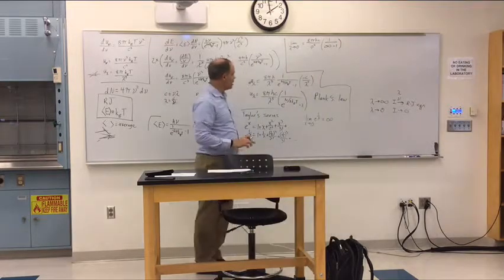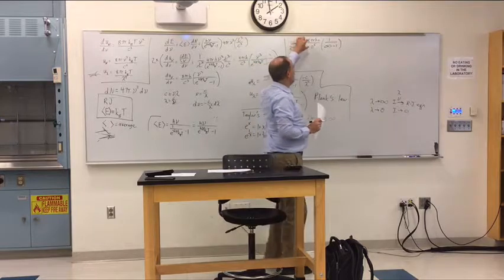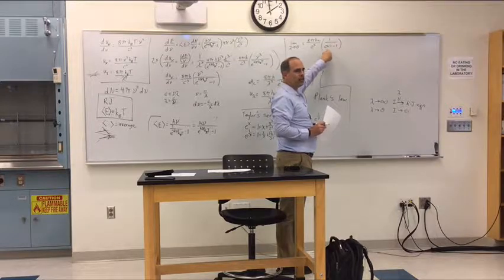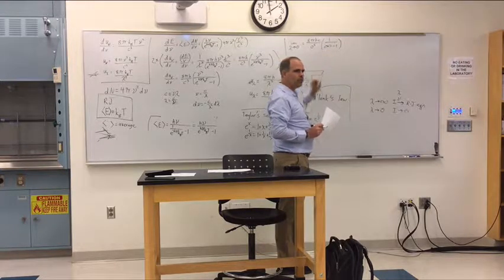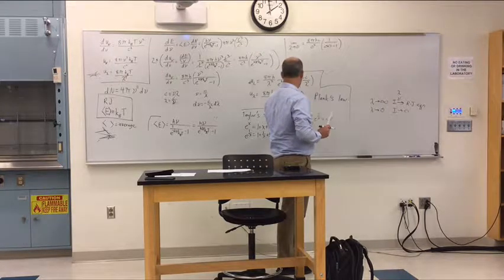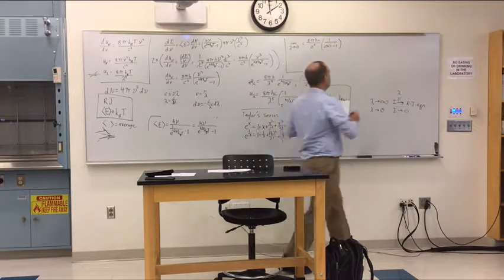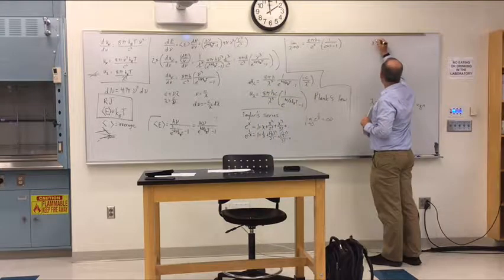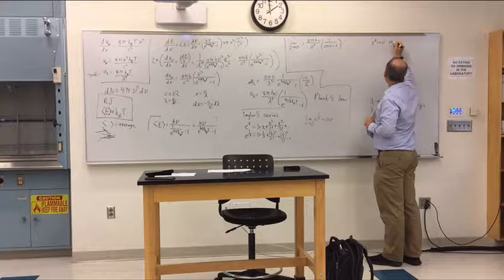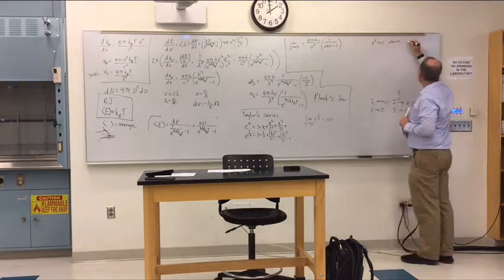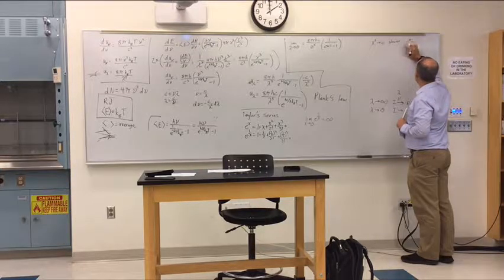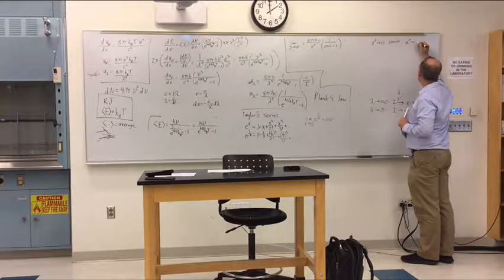So the question then is, does this go to infinity faster than that one goes to infinity? Right? And the answer is the e raised to a number that's going to 0, goes to infinity faster than lambda to the 5th power. Essentially, x to the 5th goes to 0 slower than e to the 1 over x goes to infinity.